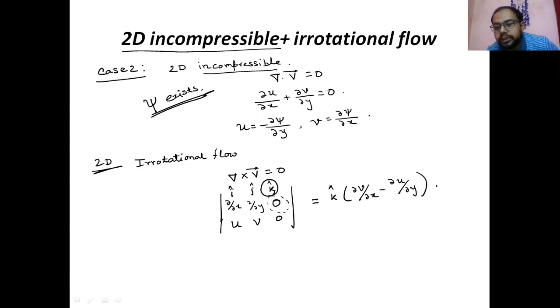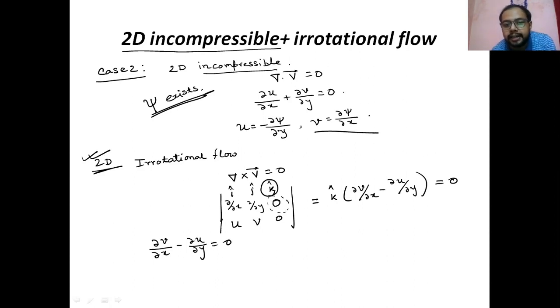That is equal to 0 for the irrotational case. So dv dx minus du dy is equal to 0. That is the irrotational flow, two-dimensional case.